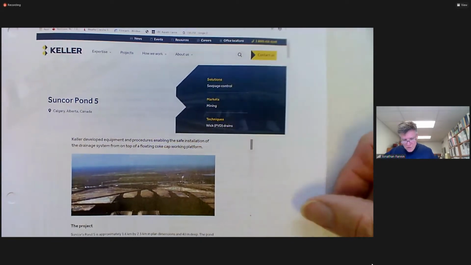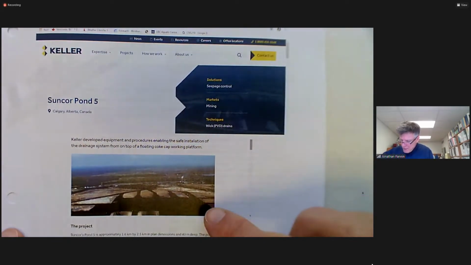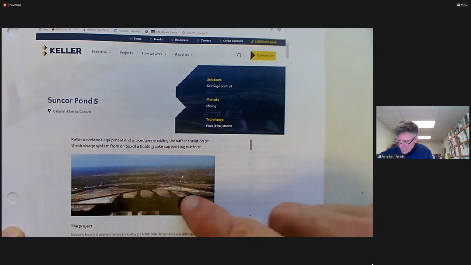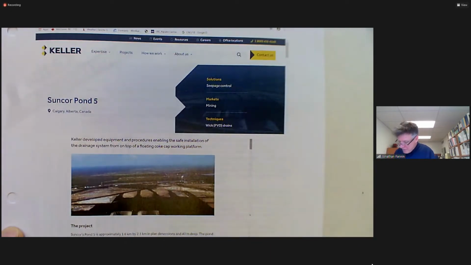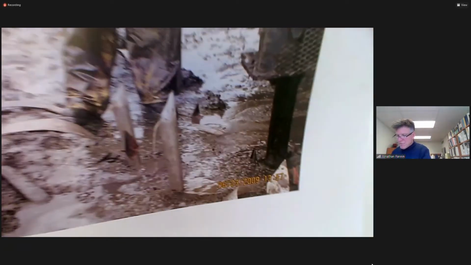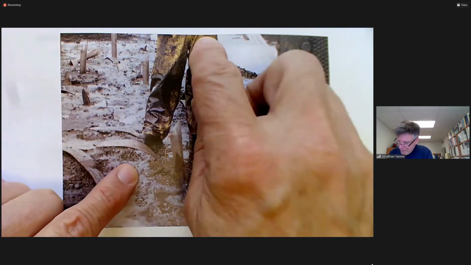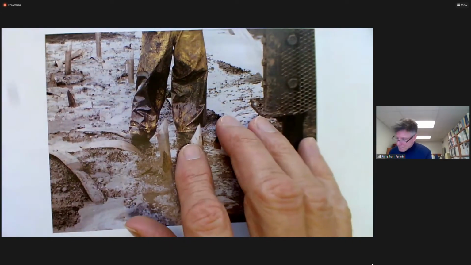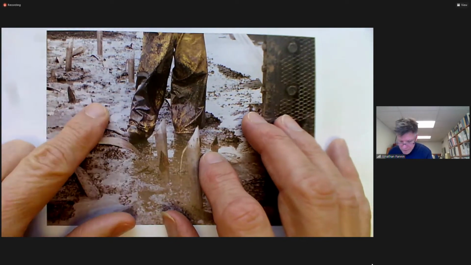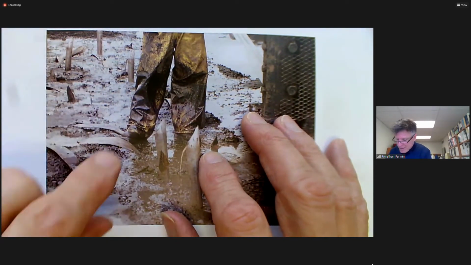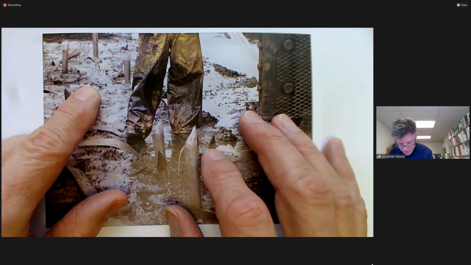The arrangement that was used there was to put out, it was all about capping to keep permitting going. And there have been a number of publications written on it. Here's a nice photo. It shows the wick drains installed into the fine tailings, MFT, mature fine tailings.